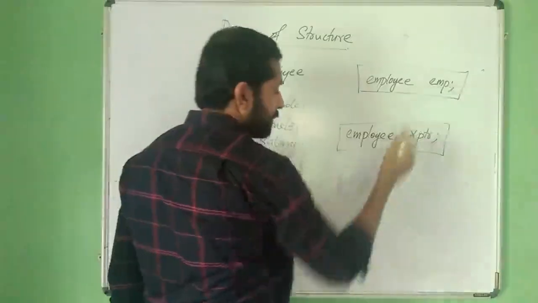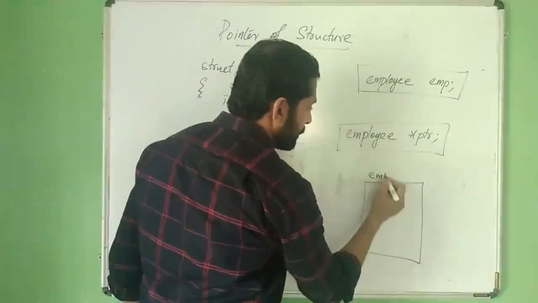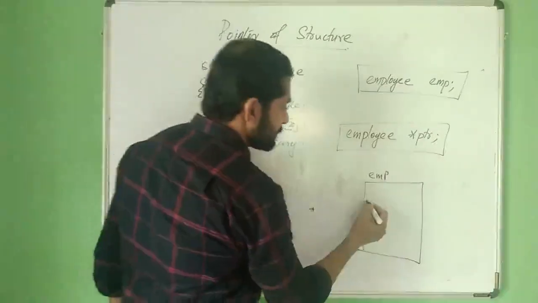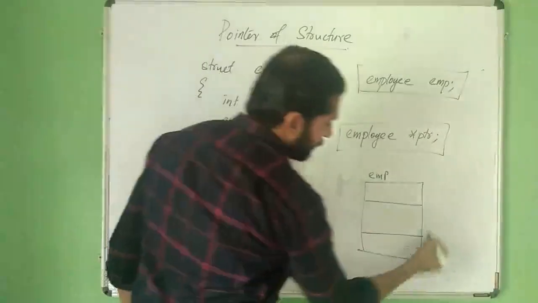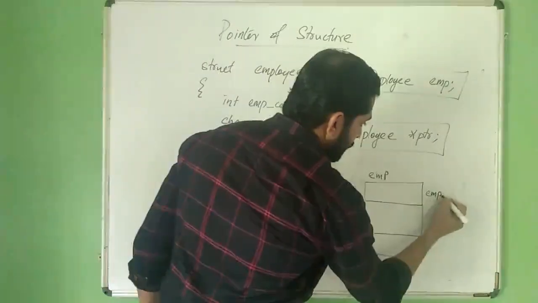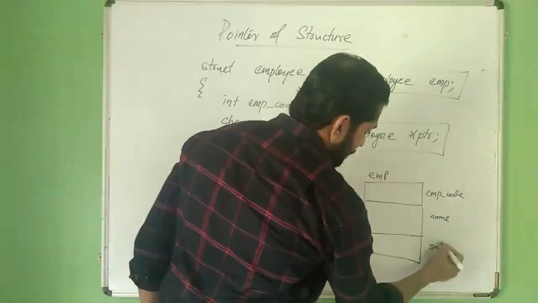So here, employee emp. What happens when we create a variable like this? It will reserve some space, emp. It has employee code, name and salary.